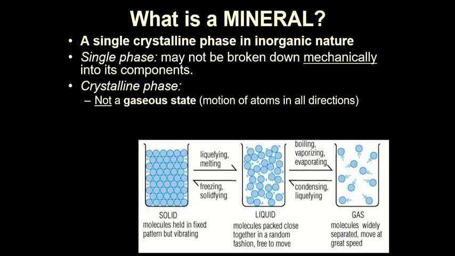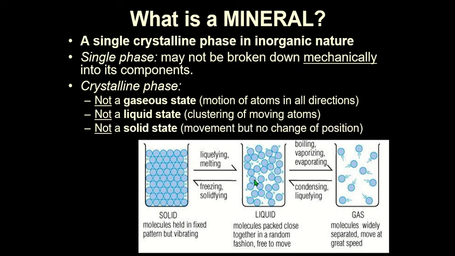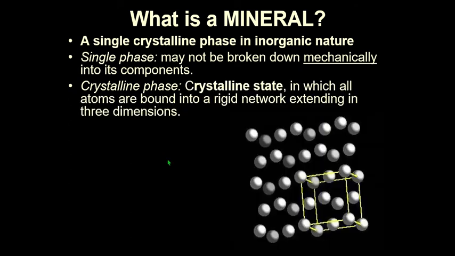There's a gaseous state. Here's a gas, molecules moving around quite freely. It's not a liquid state, things moving around a bit less freely. And it's not a solid state like this, which is everything held fixed in a fixed pattern, but it's not quite the same as a crystalline state.